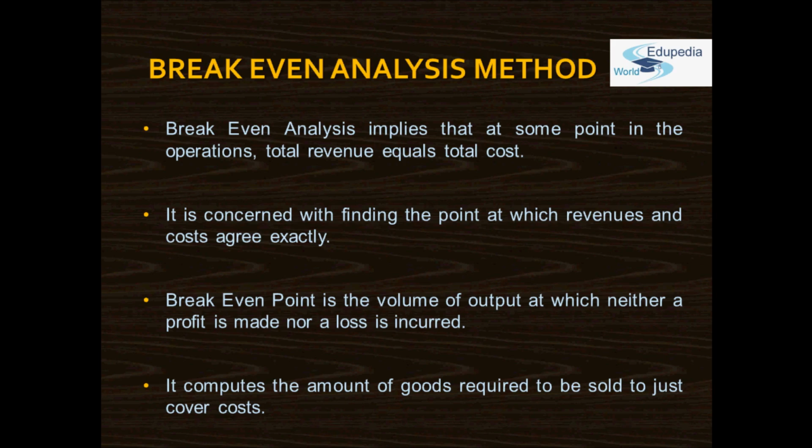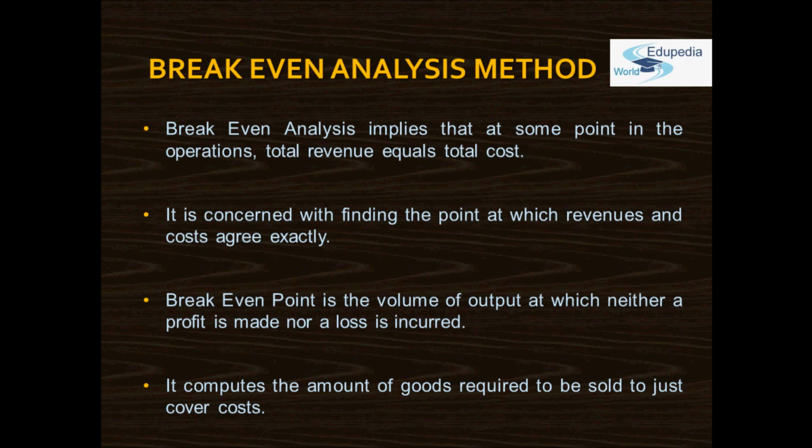Now, at a point when the sum of these two costs, that is the total cost, equals the total revenue, the point is called the break-even point. Alright, and this method is concerned about finding this point, that is the point at which the revenue and the cost agree exactly.